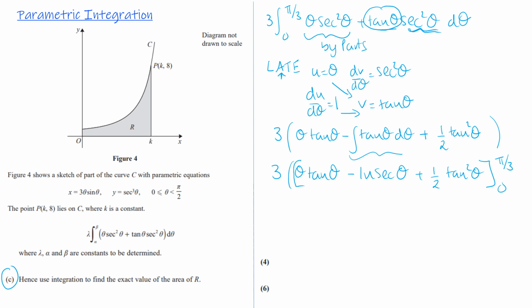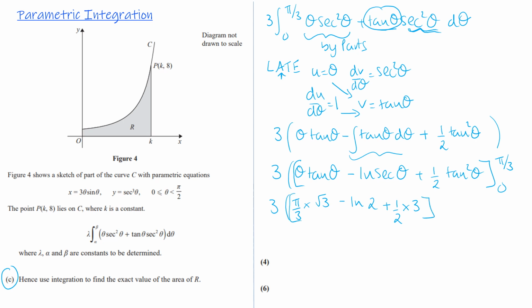So putting my limits in, 3, pi by 3, tan of pi by 3, tan of 60 is root 3 minus the ln of sec theta will be 1 over cos. Cos of pi by 3 is the same as cos of 60, which is a half, and upside down of that will be ln of 2 plus half tan of pi by 3 is root 3, and that squared is 3.